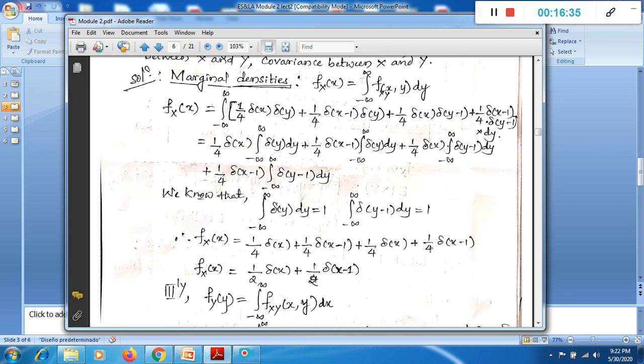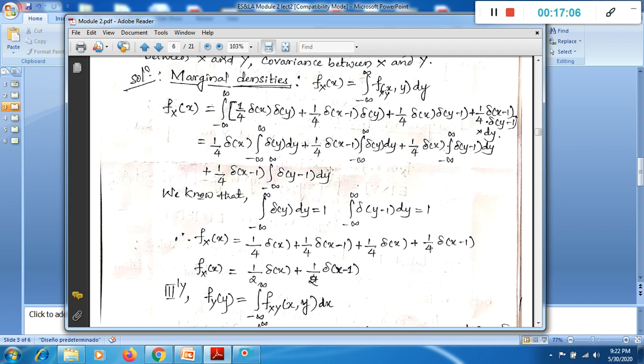Once we go for solving this, we know that integration from minus infinity to plus infinity δ(y) dy, the unit impulse signal, always equals 1. Similarly, δ(y−1) also, it is the time shifted signal. In place of lying at 0, it would be lying at 1, but the integration of this will give 1 only.